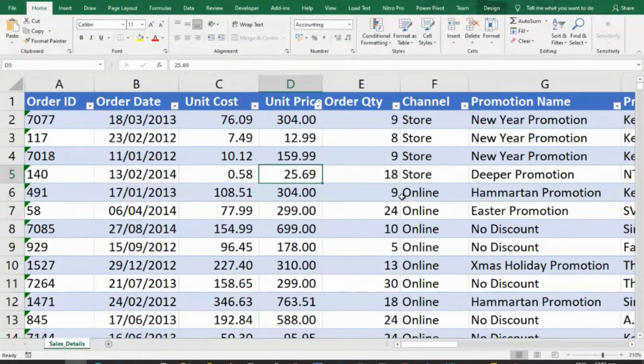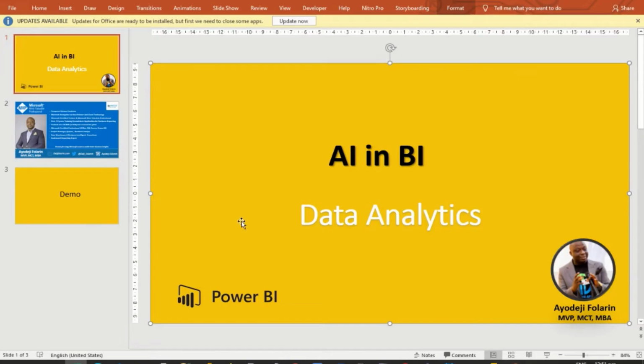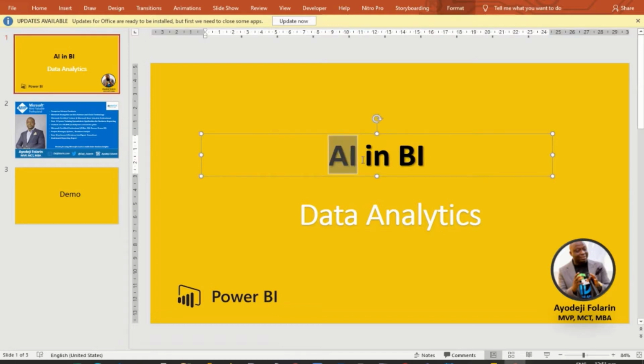So right there on my screen, I have one Excel file. And viewers, there's a big question that clients will always want to ask you. But before we talk about this, let's get to meet who is talking. I'll be talking about AI in BI. You all know the meaning of AI, artificial intelligence, in Power BI.